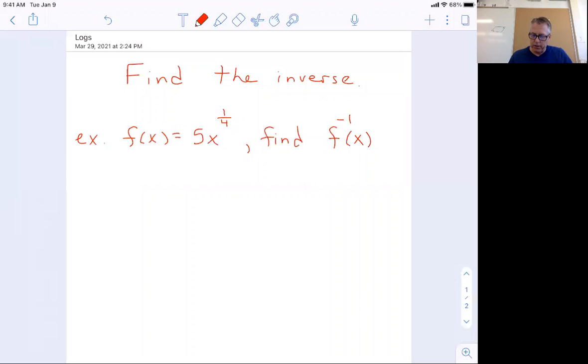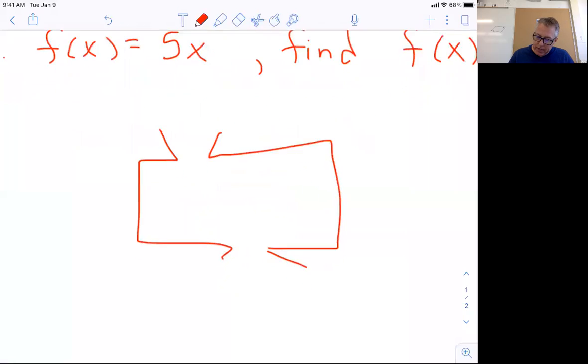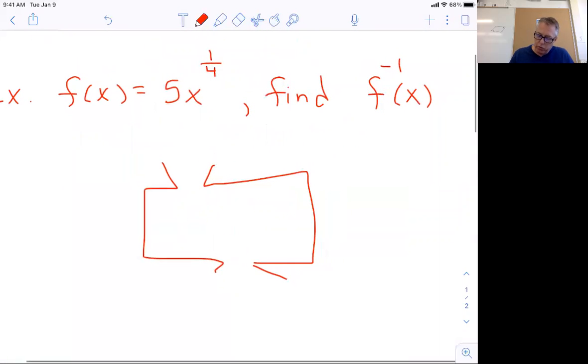So let me try and give you guys a little bit of a picture idea. You may recall our function boxes, right? We drop stuff into the function, and inside here it does a bunch of stuff and it kicks stuff out. Remember, the input goes into the function, okay? That's like our domain. The output comes out of the function, that is our range. So in this case, if our function is 5x to the 1/4 and I put something into that function, the first thing we're going to do is take it to the 1/4 power.